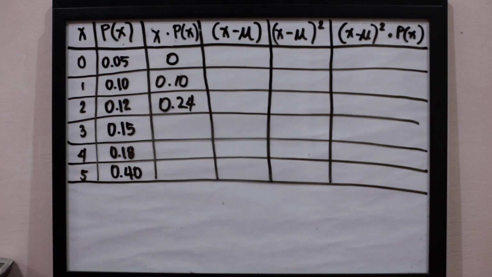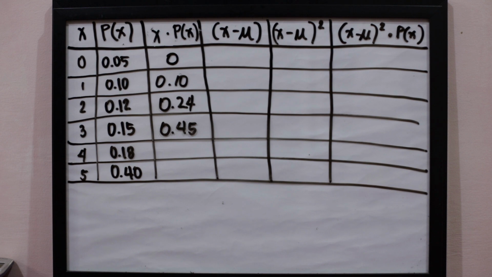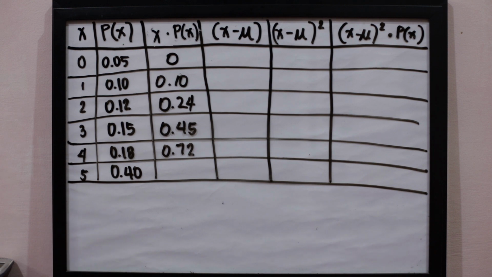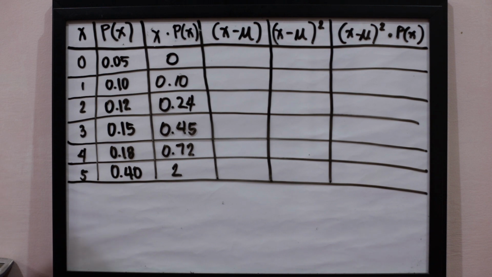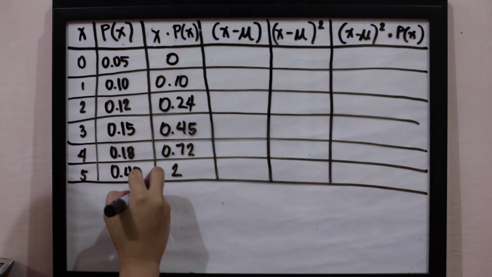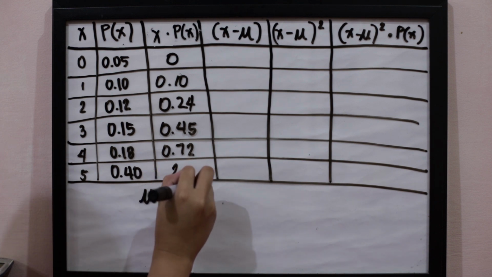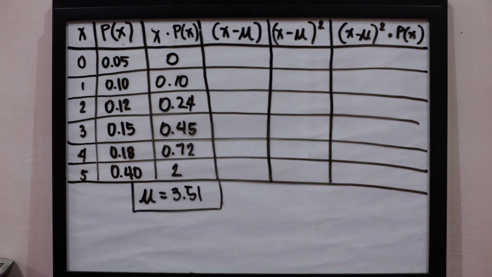And then 3 multiplied by 0.15, the answer is 0.45. Then 4 multiplied by 0.18 is 0.72. And then 5 multiplied by 0.40, the answer is 2. Adding everything, the mean for this given problem is 3.51. So, on average, on a given Sunday, the number of iPhones to be sold is 3.51 or approximately 4.